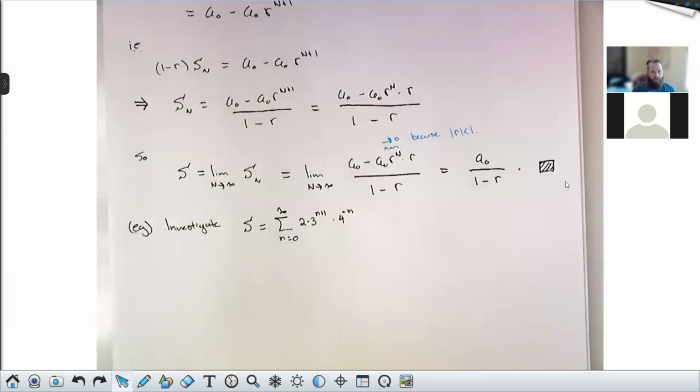This might not look like a geometric series, but it is. What makes a geometric series geometric is that the thing inside is a geometric sequence. It can be written in the form one constant times another constant to the n. So we need to do some algebra in here.